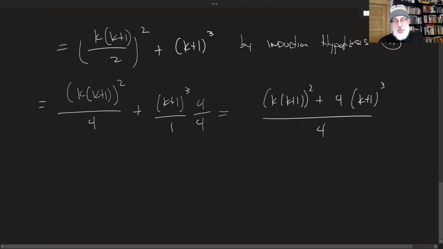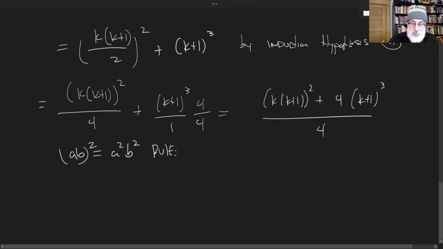Okay, so again, some algebra. This k times (k plus 1) squared, I did a video on some college algebra topics. One of them was exponents. So if you remember your exponents, if I have a times b squared, I can write these as a squared b squared. So I'll say this is a rule.